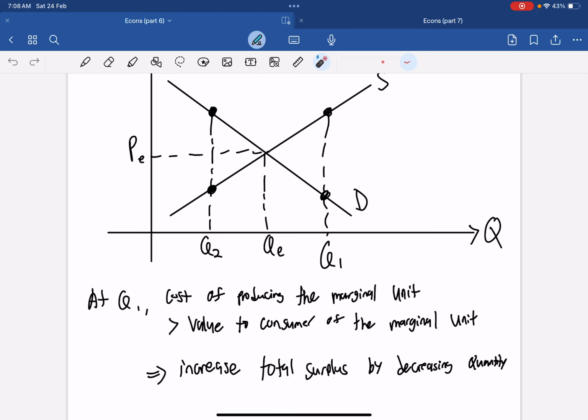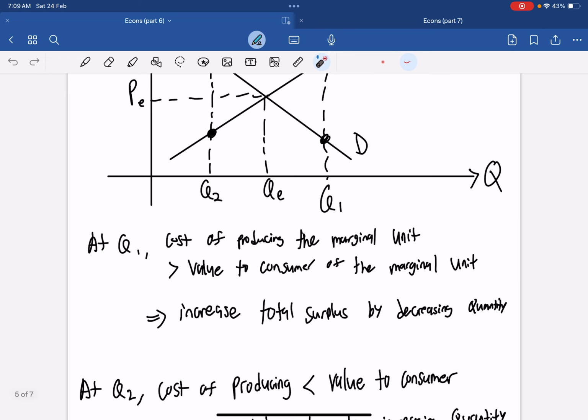So if you were producing at a higher quantity compared to your equilibrium, then you see that the supply is representing the cost. Your suppliers will be paying this price, while your buyers will only be benefiting from this price, meaning that the cost of producing is larger than the value to the consumer for each marginal unit.